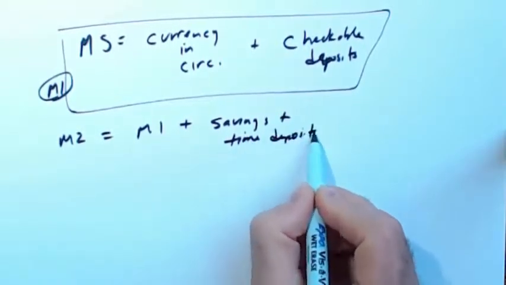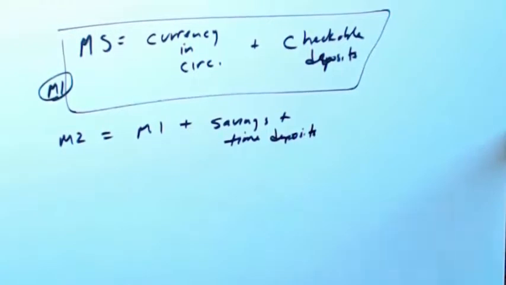Time deposits being certificates of deposit, which usually have a stated maturity associated with them. So you may go to your local bank and open up a 1-year CD. That means you're promising to tie your money up for 1 year in that CD, and if you decide to withdraw your money early, you're going to get a penalty for it.